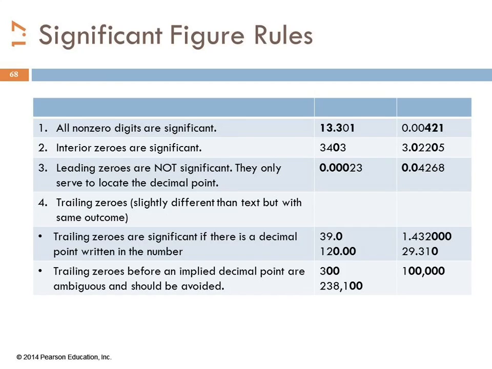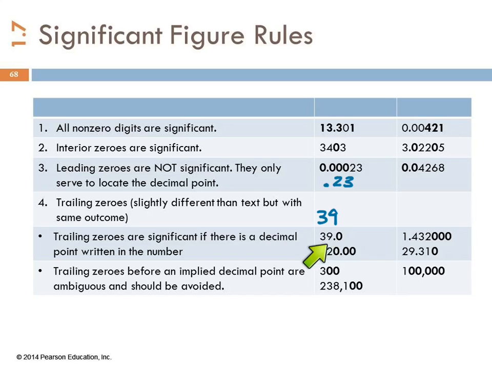Let's try that. If we got rid of the 0, 39 or 39.0, those are essentially the same thing, right? This one above, if we got rid of all those zeros, we'd have 0.23. Is that even close to the same? No. Those zeros are holding a decimal place. In this example, we can see that that 0 is not really serving a function. Why did we write it there?